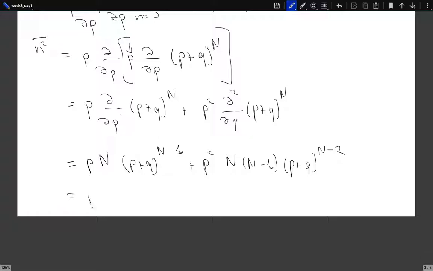So this will be p times n plus p squared n squared minus p squared times n, which is p minus p squared, or p times 1 minus p, times n plus p squared times n squared.